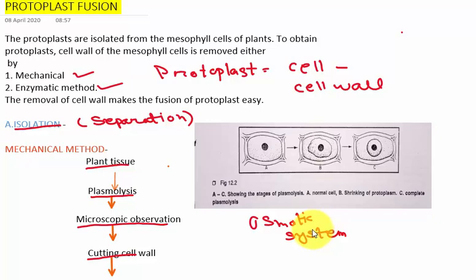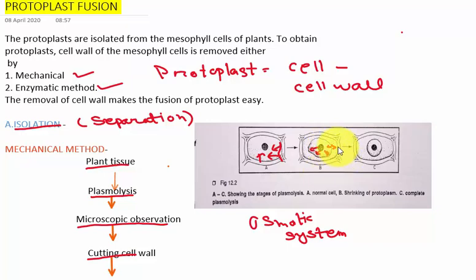The cell wall exerts an inward pressure upon the enclosed protoplast. Likewise, the protoplast creates an equal and opposite pressure on the cell wall.